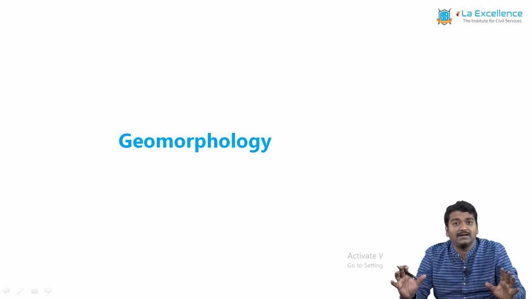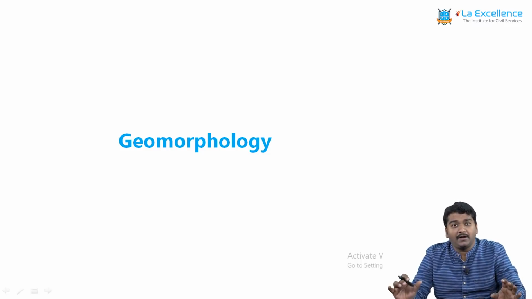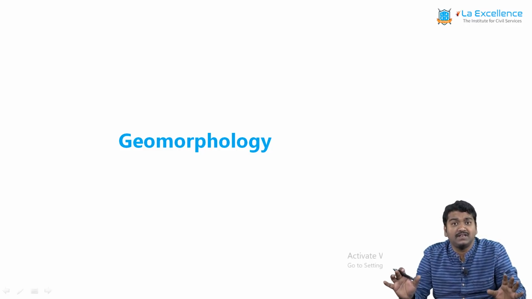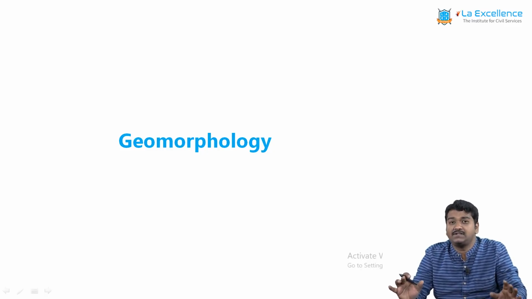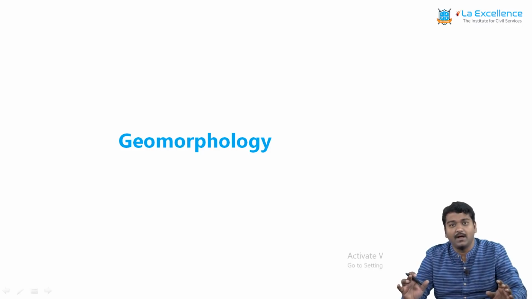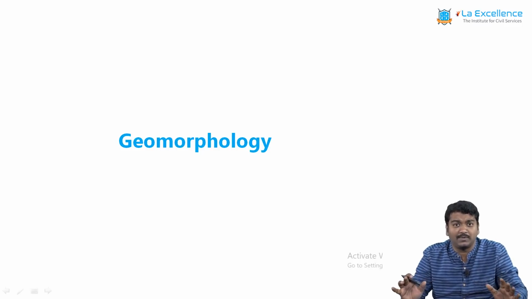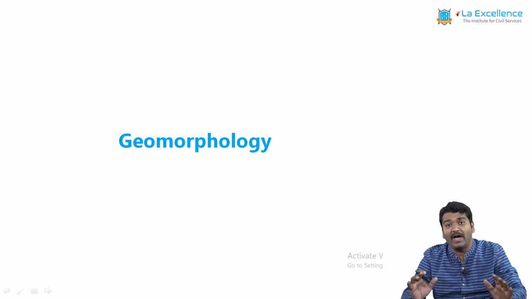So guys, before we begin, I just want you to know that in the entire optional, there are some parts which are most repetitive, and especially questions from geomorphology are mostly repetitive. If you can answer those questions in the exam, there is a very high possibility that you will score very high marks.